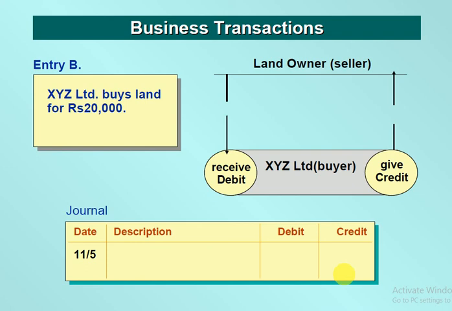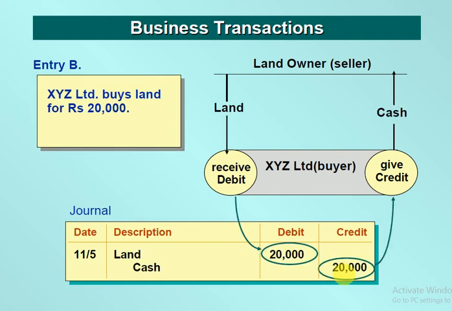XYZ buys land for 20,000, land debit, cash credit. Very simple. What goes out of the business and what comes in? What comes in is your land, what goes out is your cash, right? So in this transaction you will debit land and you will credit the cash.